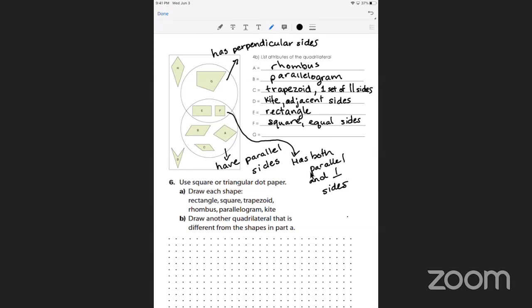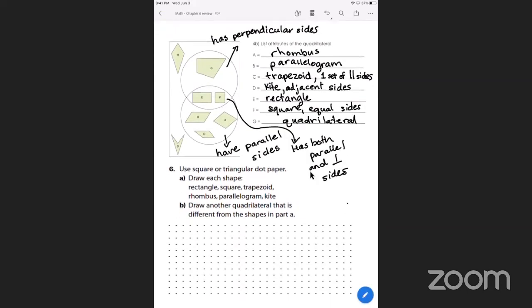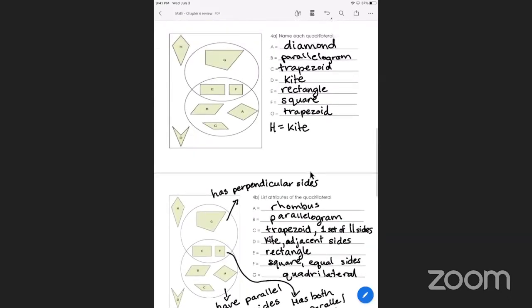And I think G is a trapezoid, but it's a weird one. I think it's just a general quadrilateral. I don't think it has a specific name because it has no parallel sides, and the trapezoid has to have parallel sides. So I know that above we put G as a trapezoid.